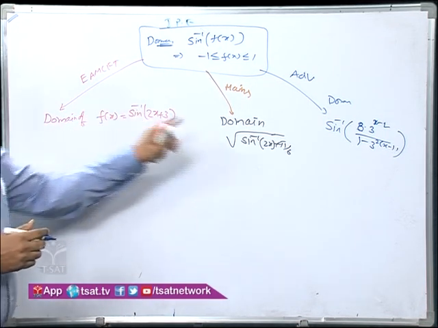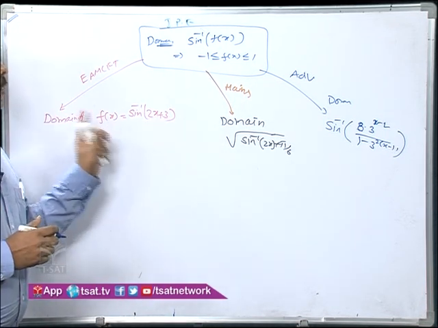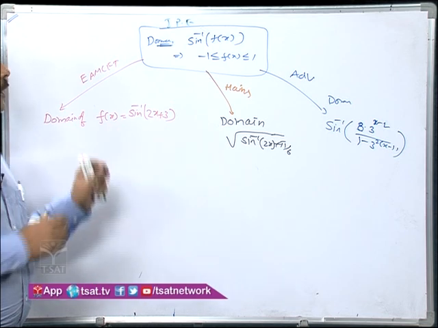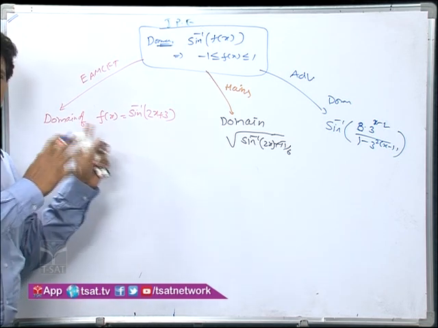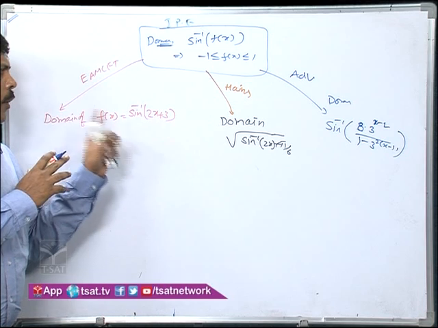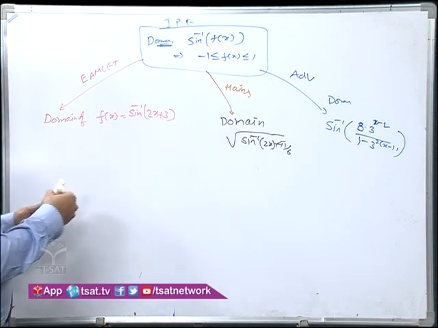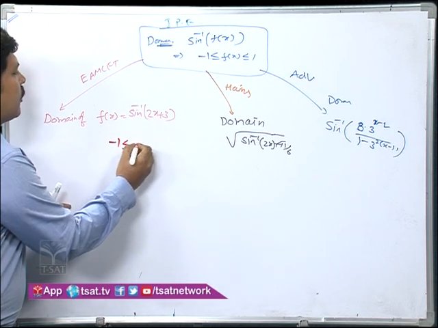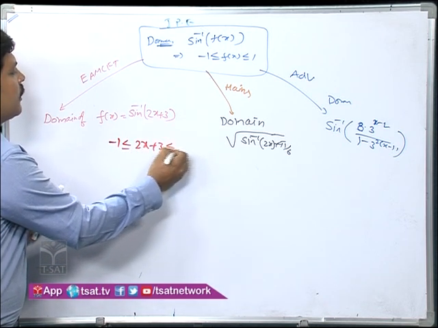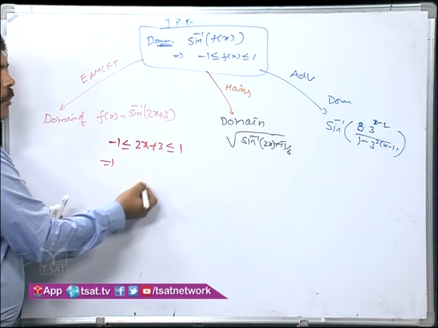In all these problems, the involved concept is the domain of sin inverse x, but the intensity and difficulty level of the problem is different. Here we can write -1 less than or equal to 2x plus 3 less than or equal to 1, then we can define the domain.